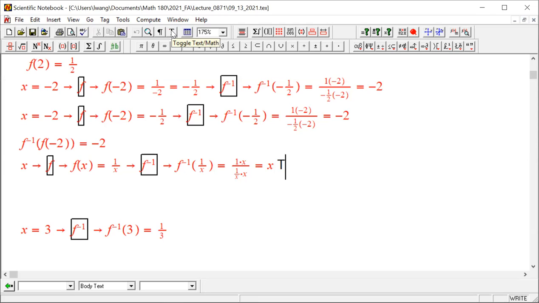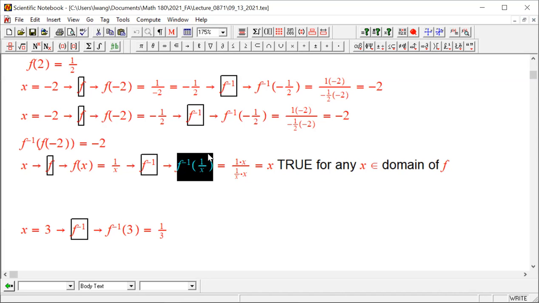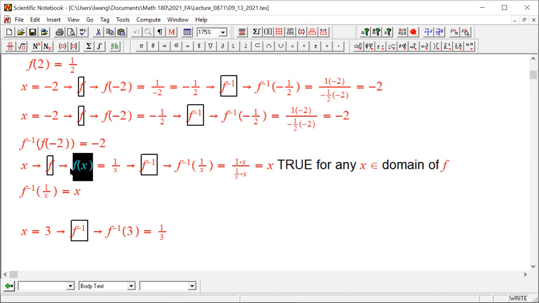And this is true for any x in the domain of f. Because this x is from the domain of f. And that mathematical form would be what? f inverse of f of x equals x, right? And 1/x is equal to f of x.